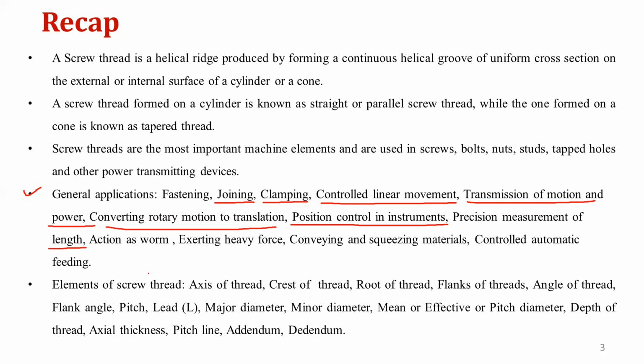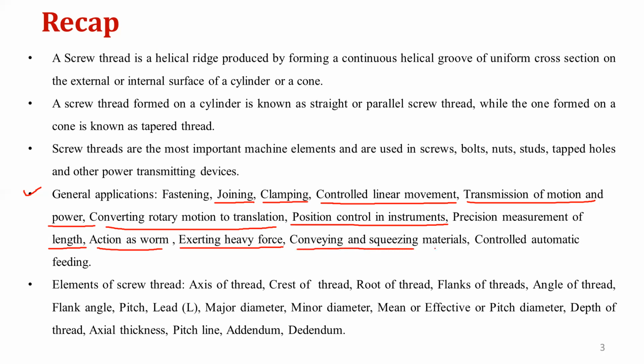We use screw threads acting as a worm, for obtaining the slow rotation of the gear or worm wheel. And for exerting heavy force, as in mechanical presses, the force is exerted by means of the screws.